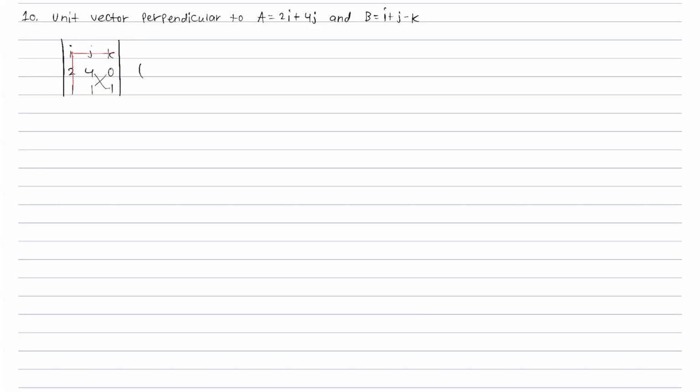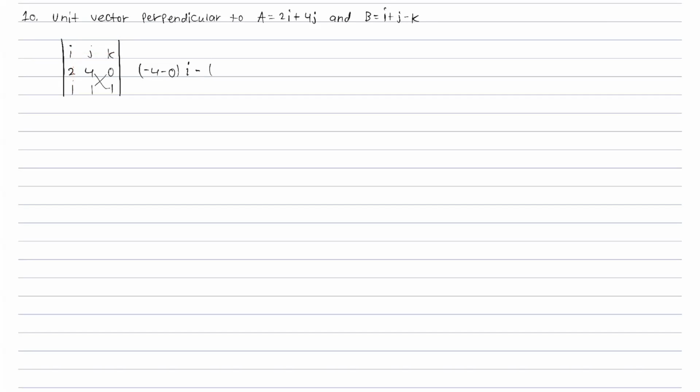You guys remember that's just A times D minus B times C. So this is going to be 4 times negative 1 is negative 4 minus 0. That's going to give us the i component of our resultant vector. Then it's going to be minus our j component. Not really sure why. It has something to do with the linear algebra going on. There's probably some proof that explains it, but none of us have taken linear algebra, so I don't know. But let's do the same process.